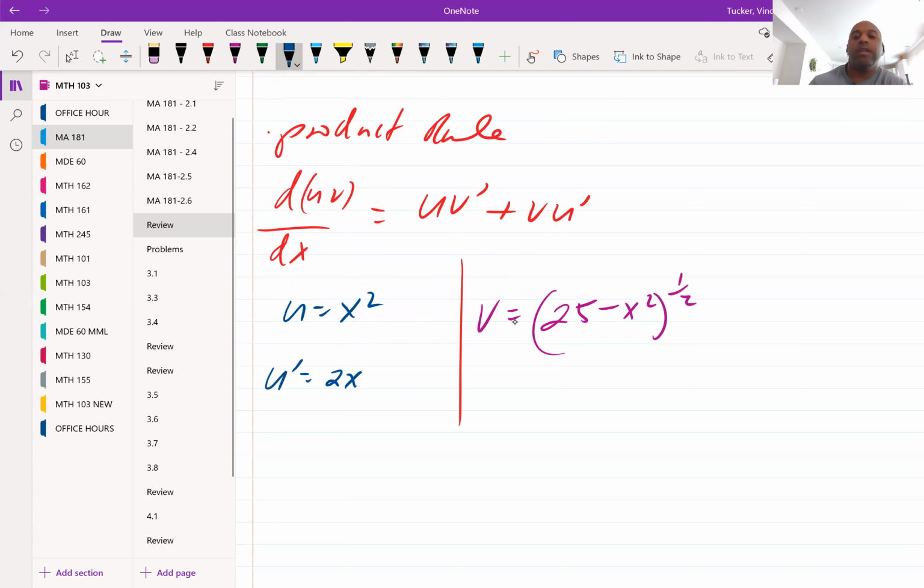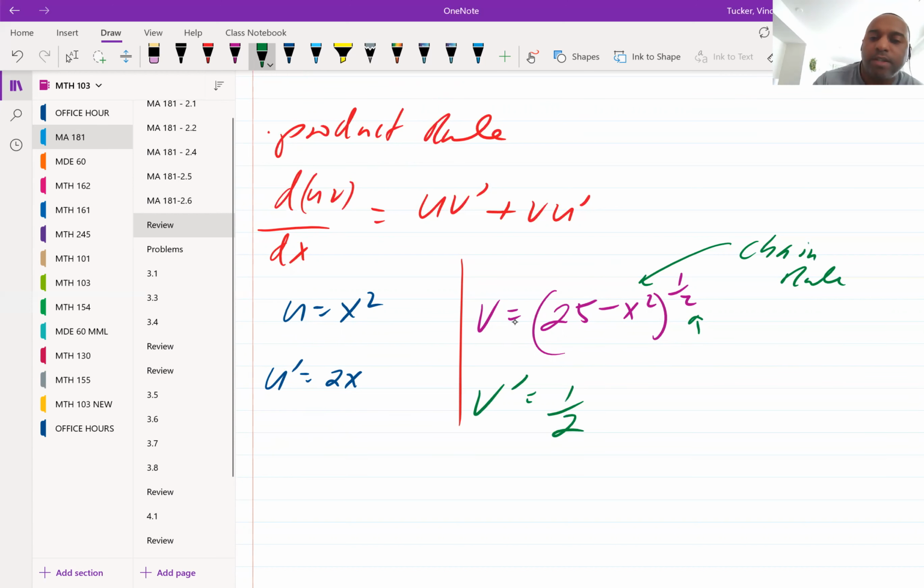All right, and now here I have the chain rule that I'm going to have to use, where you have to take the derivative of an outside application and the derivative of the inside. So you're talking about the outside, which is that 1/2.